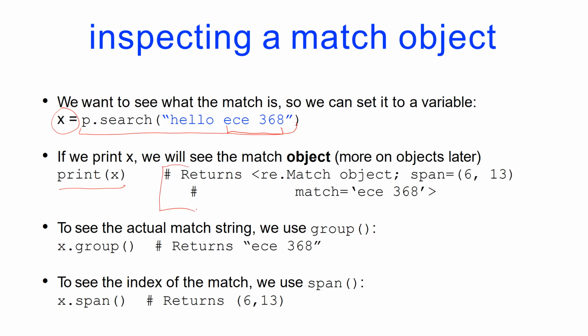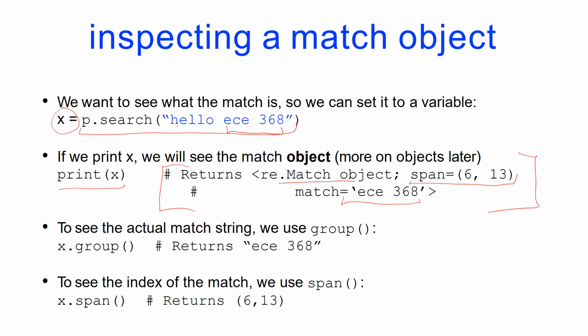It is a match object, and the match is found between index 6 and 13. The actual matched string is ECE 368. I hope you understand what this printed information means.